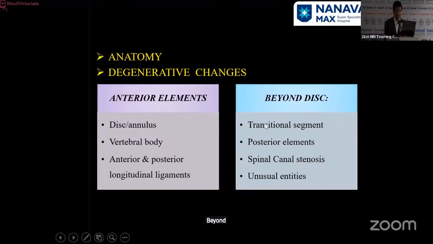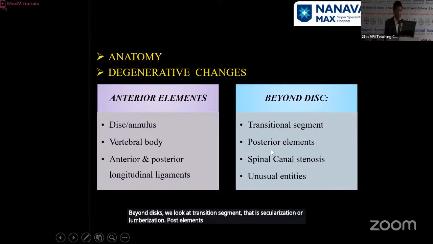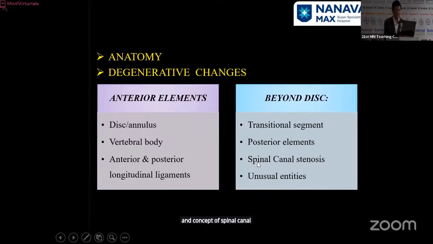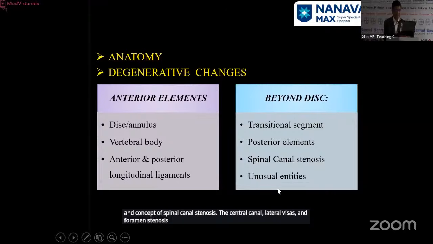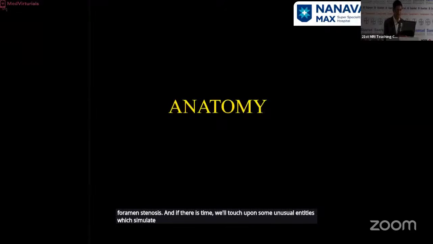Beyond discs, we look at transition segment, that is sacralization or lumbarization, posterior elements causing disc disorders, typically facet arthropathy or interspinous bursitis, then understand the definition and concept of spinal canal stenosis, the central canal, lateral recess, and foramen stenosis. And if there is time, we'll touch upon some unusual entities which simulate degenerative disc disorders.